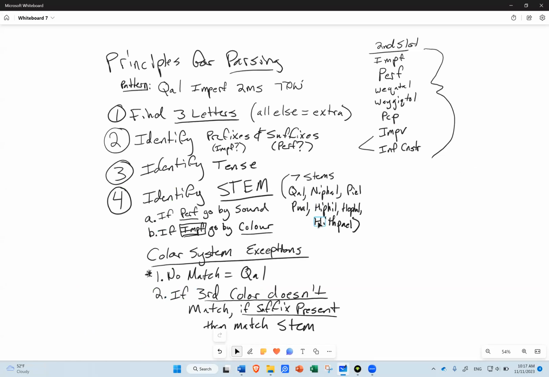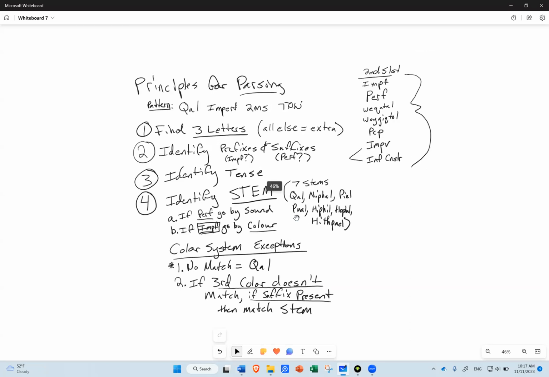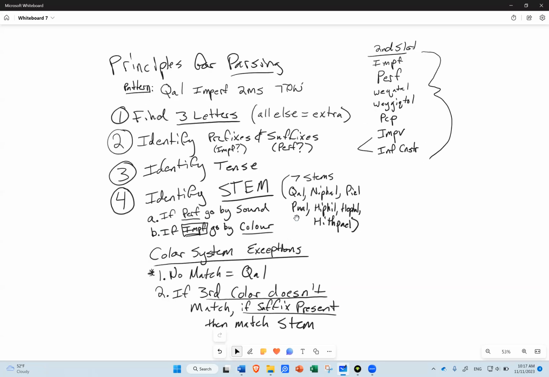And if the color system doesn't match anything in the imperfect, then it's just a Qal, right? And remember, the third color has a little bit of flexibility to it. So it's pretty basic, and I'm not going to be tricking you. This semester is all about learning the basics. So there you go. Just beat these into your mind and you'll do very, very well on the parsing.